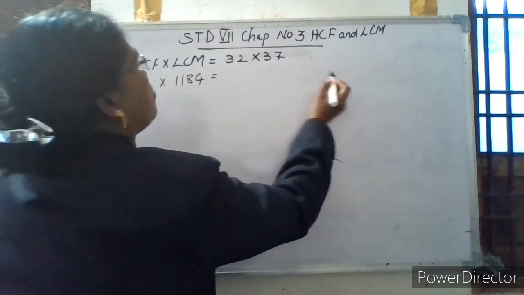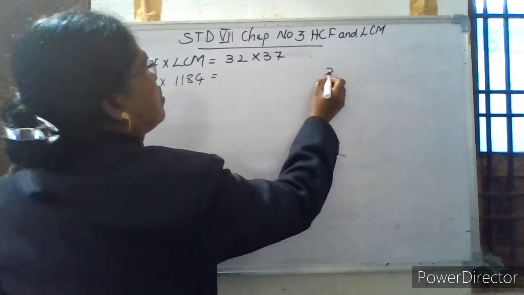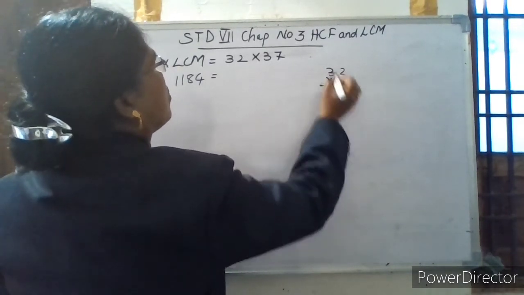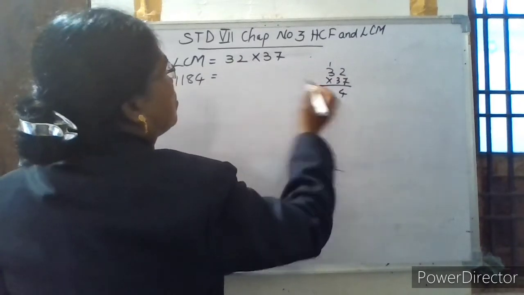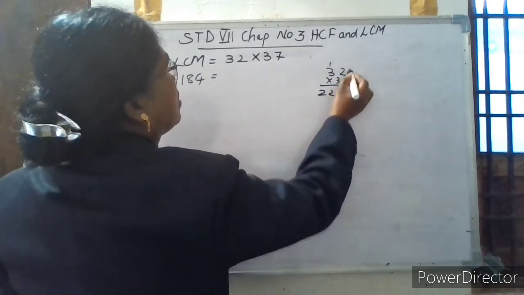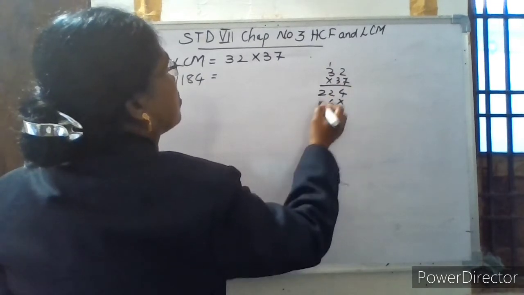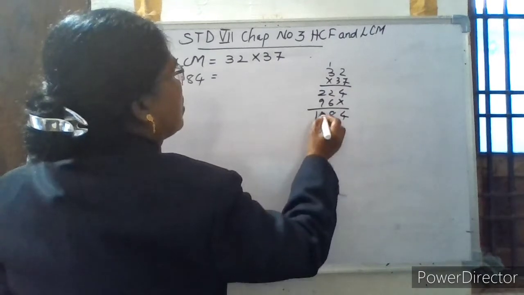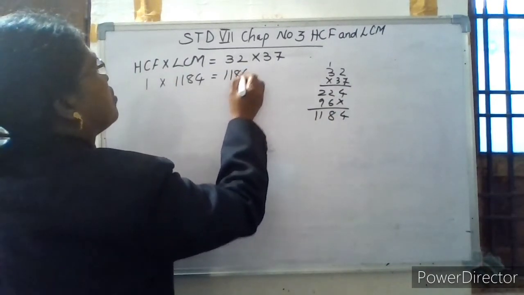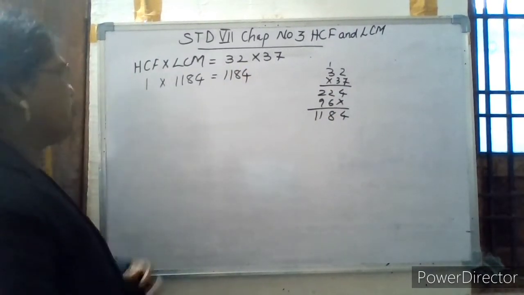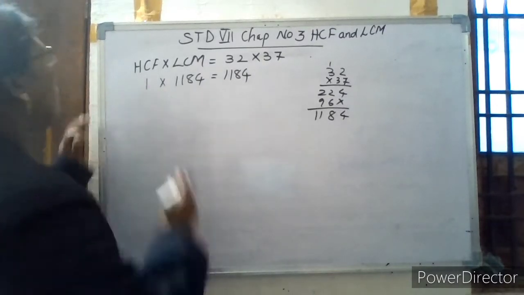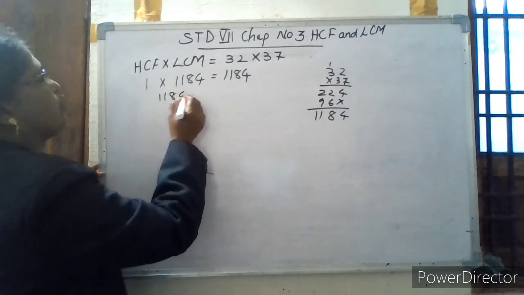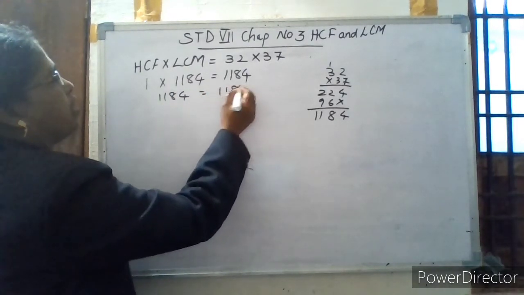Now if I find the product, see, 32 into 37. 7 2s are 14, 4 carry 1, 7 3s are 21, 22, then 3 2s are 6, 3 3s are 9. So if I add this, 8, 9, 10, 11, it is equal to 1184. So we come to know that 1 into 1184 is equal to 1184.